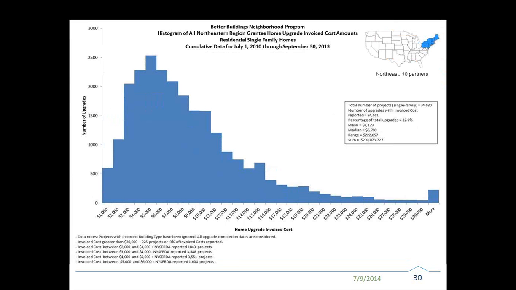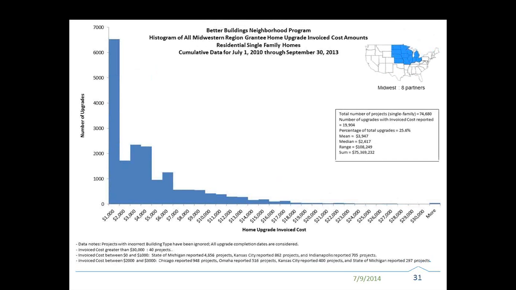So if we just looked at New England or the Northeast, we see something a little different. So these are home invoice costs for the Northeast, and the average, or the mean, is a little bit higher. And then the Midwest, of course, there you do see that Michigan, a lot of those projects.